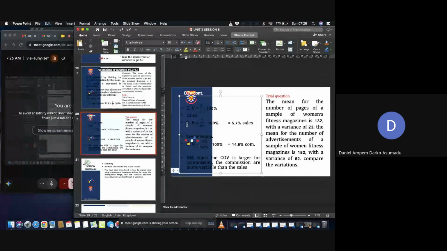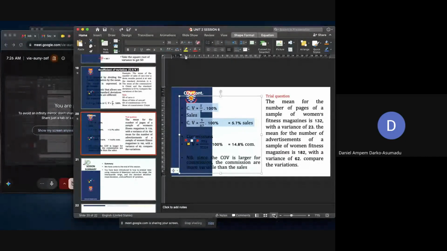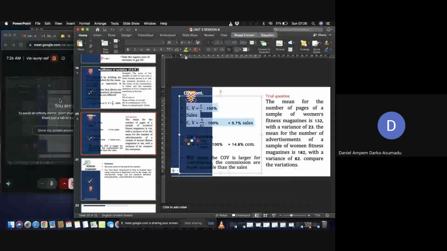If I highlight it, maybe you see it better. Can you see it now?